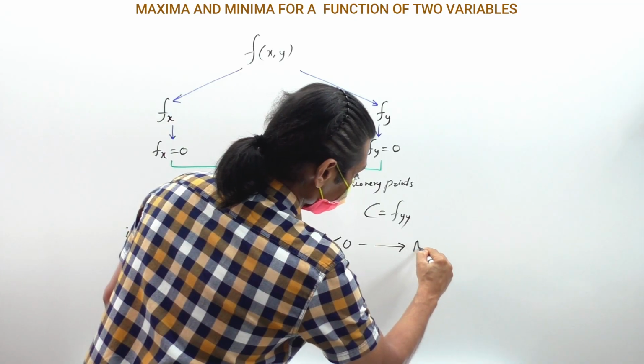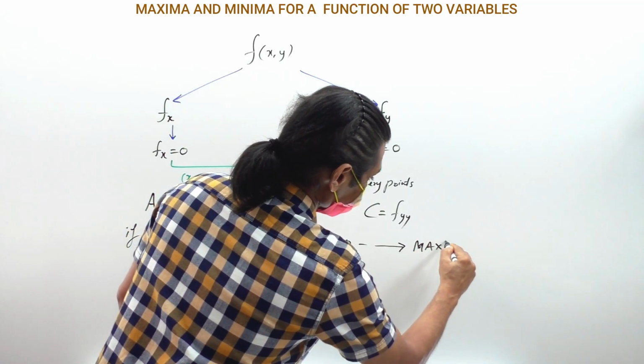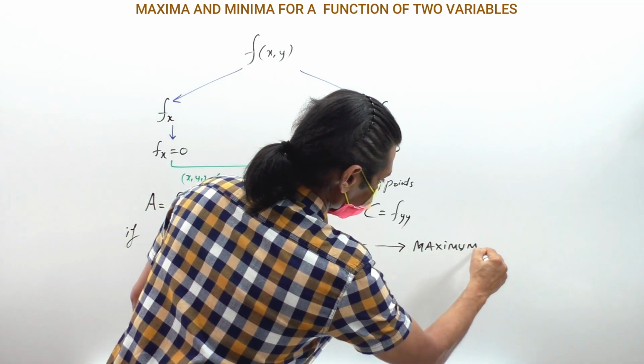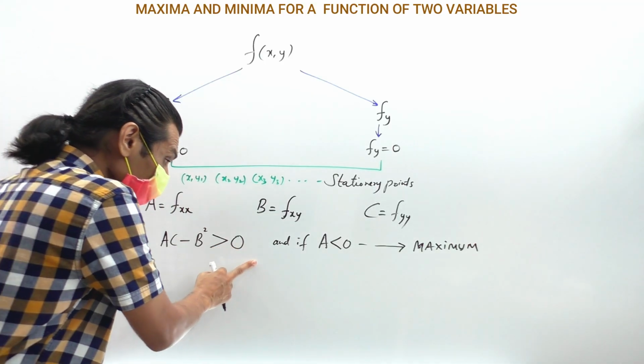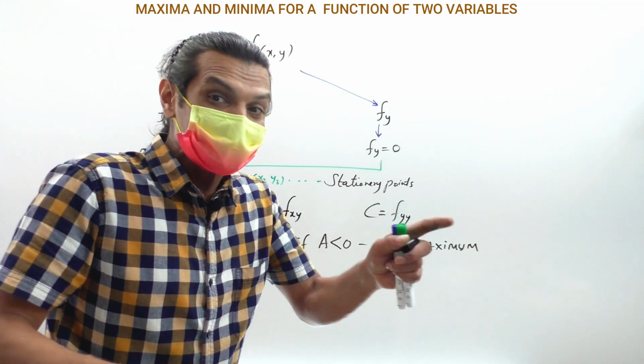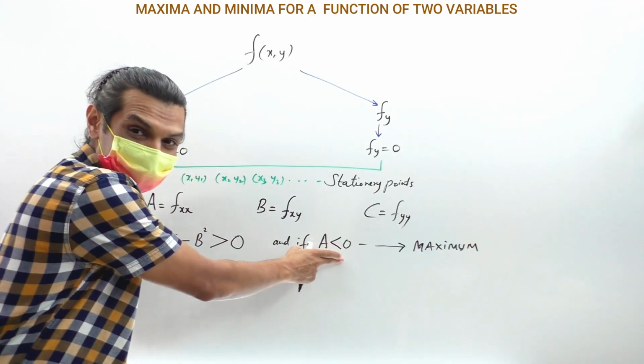We call it maximum. What's the condition? AC minus B square greater than 0, and if A is lesser than 0, understand it.